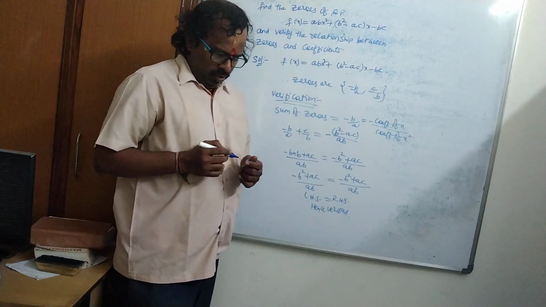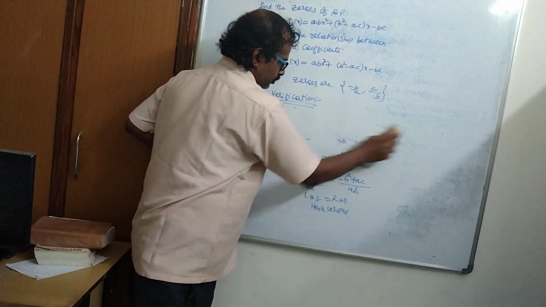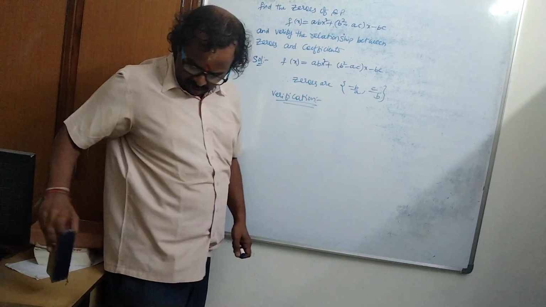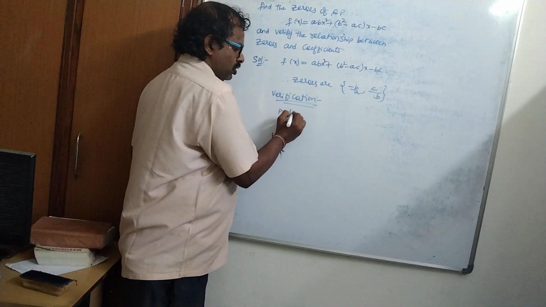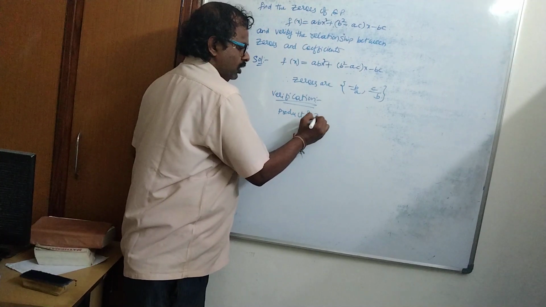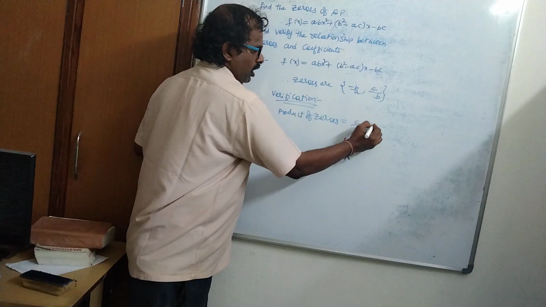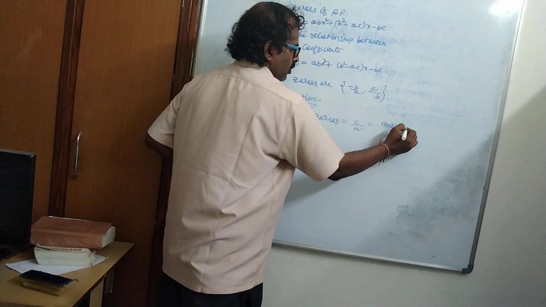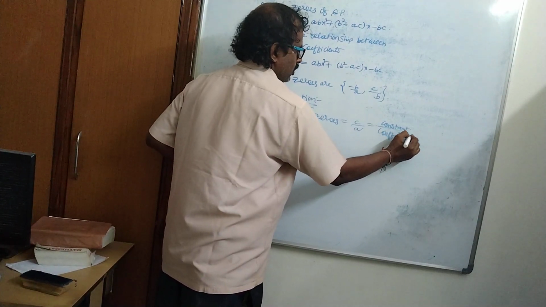Now we have to verify the product of zeros. The product of zeros is equal to c by a, where c is the constant and a is the coefficient of x square.